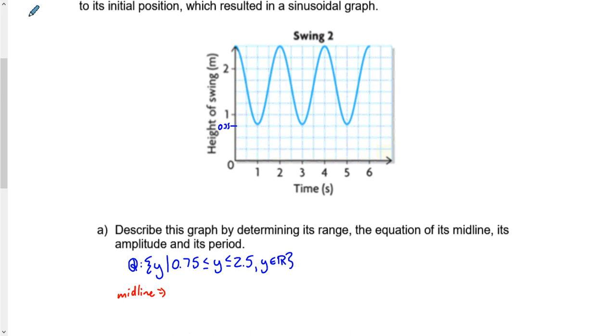Sorry, I've been using dash lines. So what's halfway in between? Well, this would be 1.5. This would be 1.75. So split the difference. We'd be at 1.625.